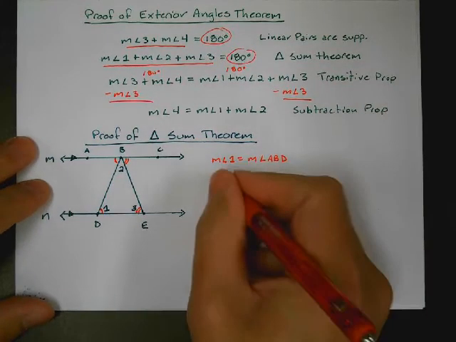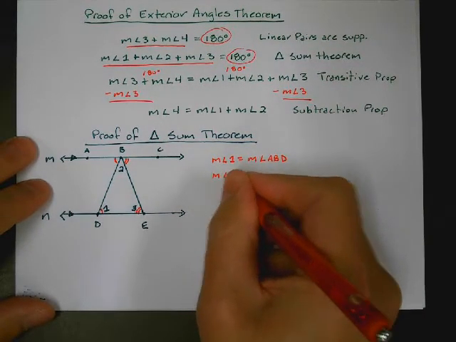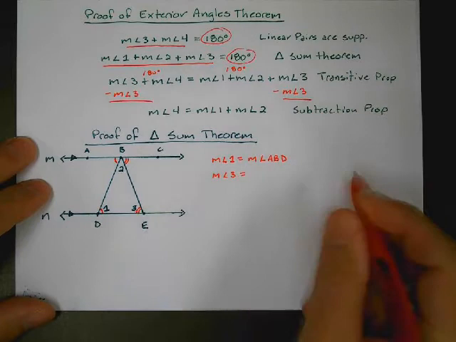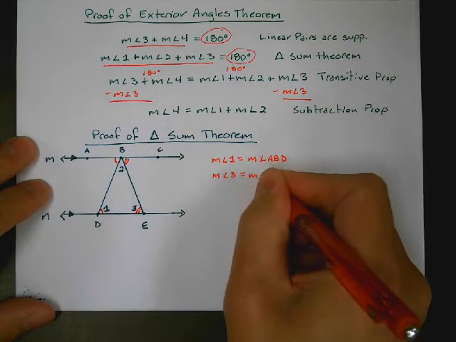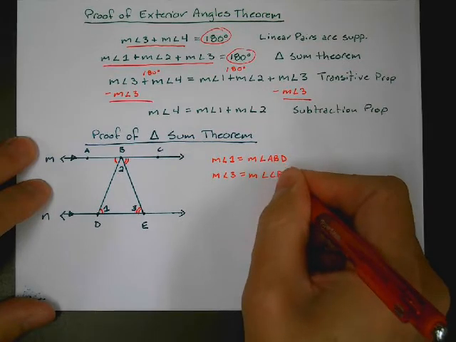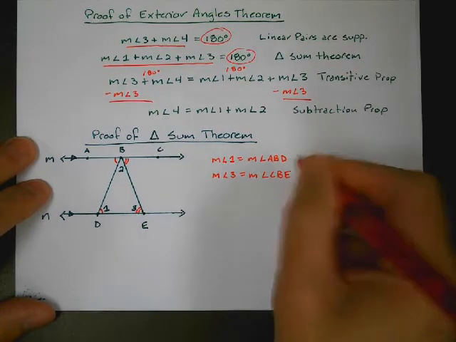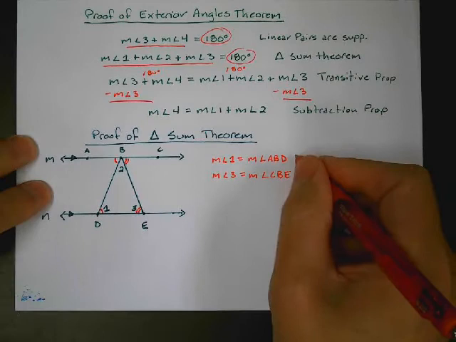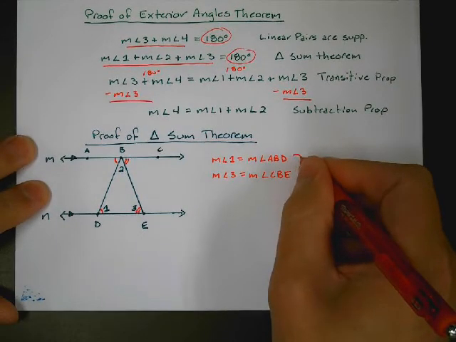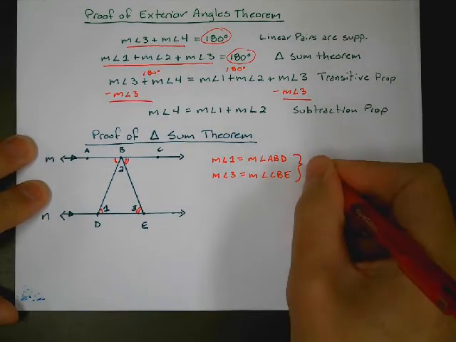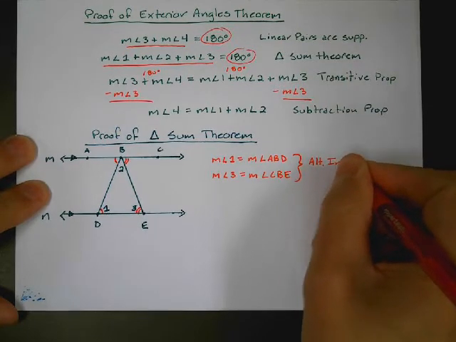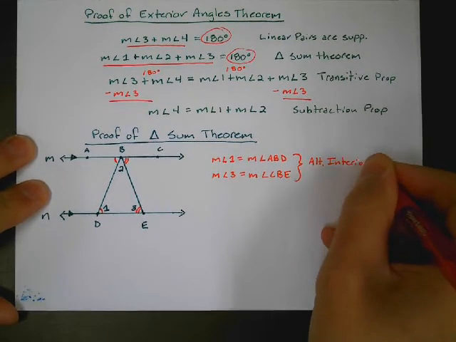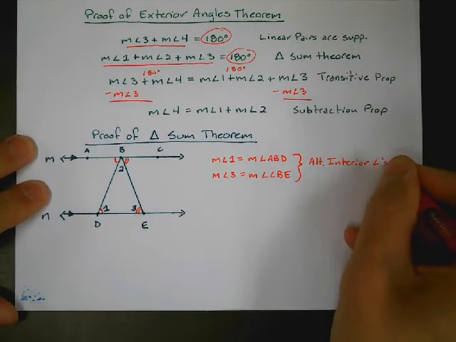So I can say that the measurement of angle 3 is equal to the measurement of angle CBE. So the reason for these two right here is that alternate interior angles are congruent.